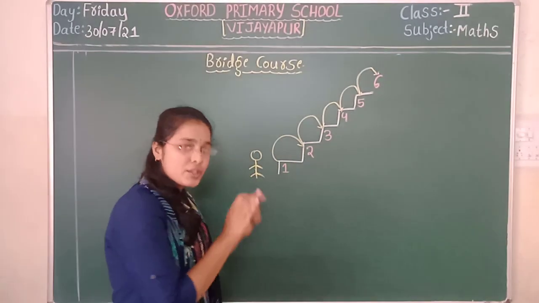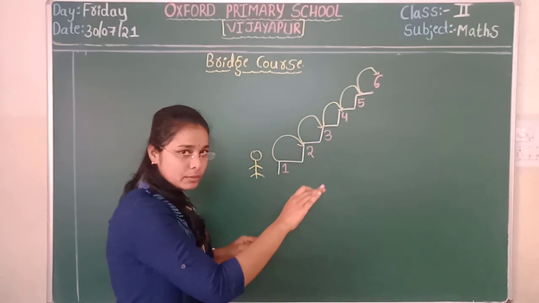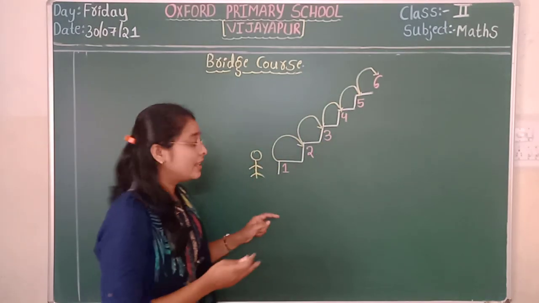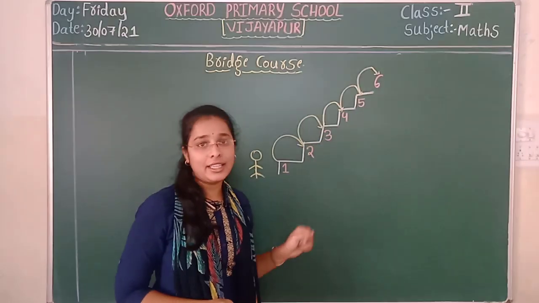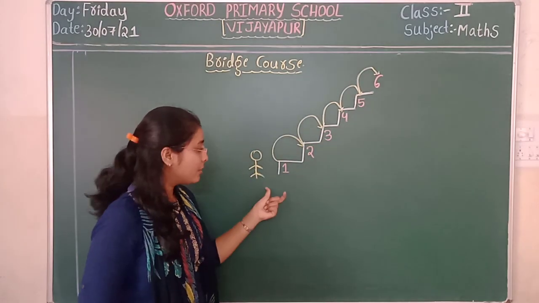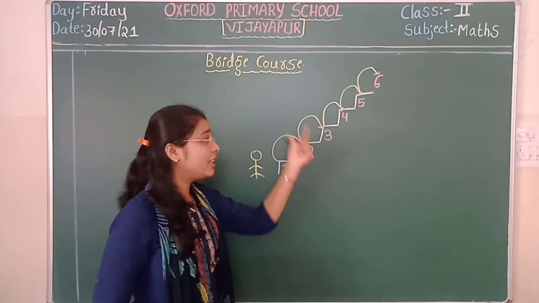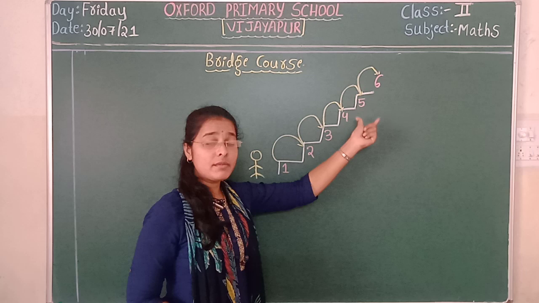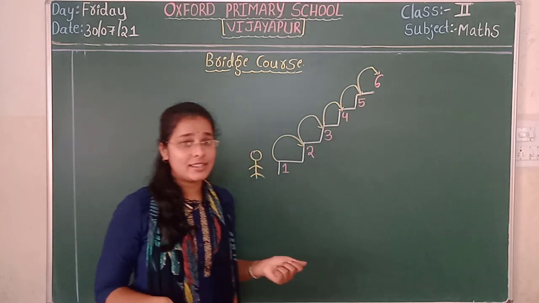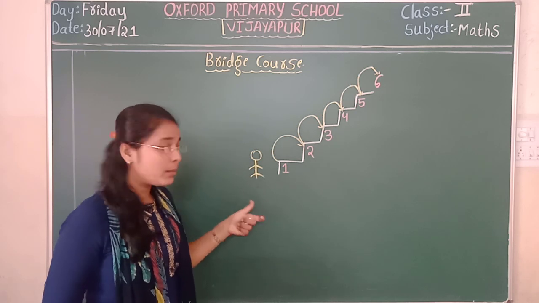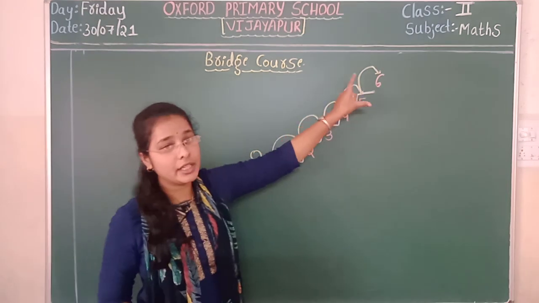From the first smaller number, still more bigger, still more bigger, the numbers are increasing here. The numbers are increasing from 1 to 2, 2 to 3, 3 to 4, 4 to 5, 5 to 6. For this arrangement, we arrange the numbers from smaller to bigger.